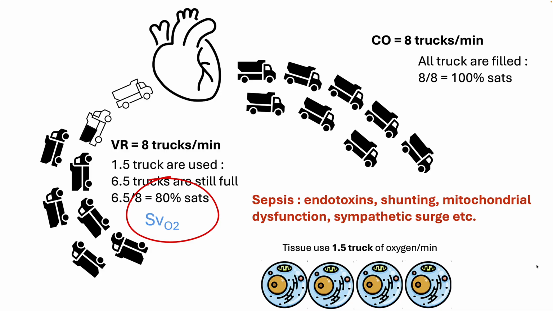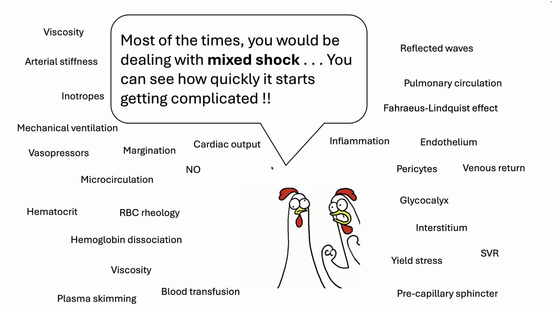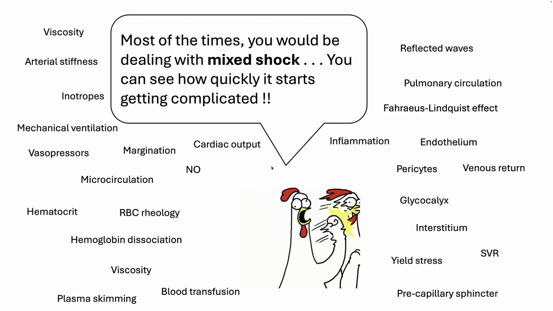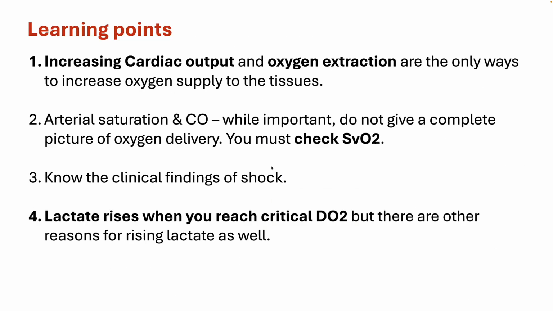Therefore, your SvO₂ rises further, and in this case, it's about 80%. Elevated SvO₂ can suggest sepsis or some vasodilatory state or dysfunctional oxygen utilization. And most of the time you are dealing with mixed shocks. So you can see how quickly things can start getting complicated if your patient has a mix of cardiogenic, septic, and relatively low blood counts.